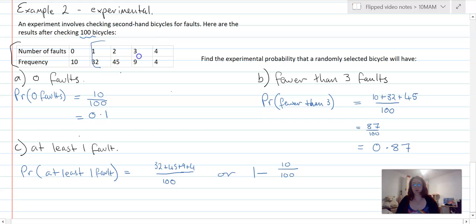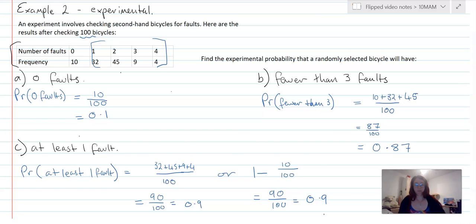And given that we've got 4 of the 5 outcomes here being added up, then 1 minus the 5th outcome is going to give us the same thing. So this would come to 90 out of 100, or 0.9, and this would come to 90 out of 100, or 0.9. Either way, we can say that the probability of there being at least one fault in these bicycles is 0.9.